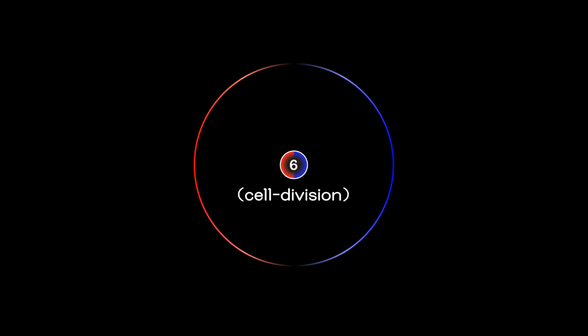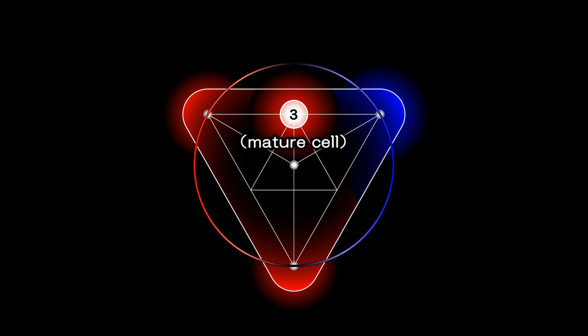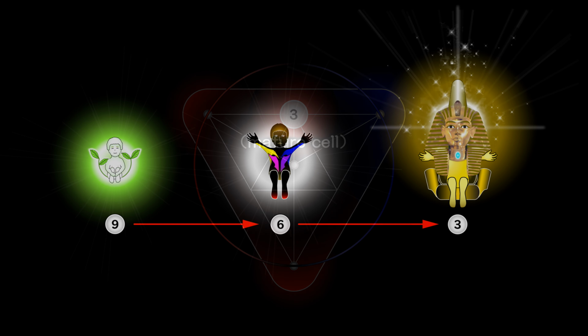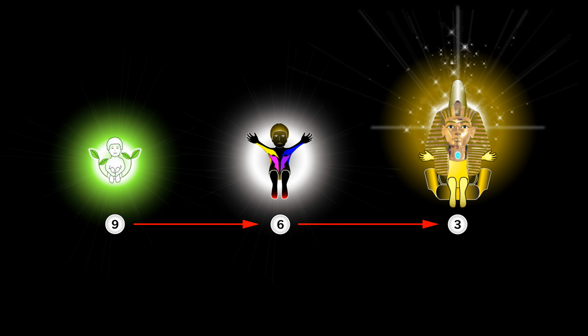In this process, a stem cell is differentiated into different types of cells. Related to this, according to many Enneagram teachers, the variance among type 6 is the most noticeable. Finally, the process from point 6 to point 3 represents the creation of mature types of cells. Related to this, the process from point 9 to point 6 and to point 3 represents the developmental process of personality.